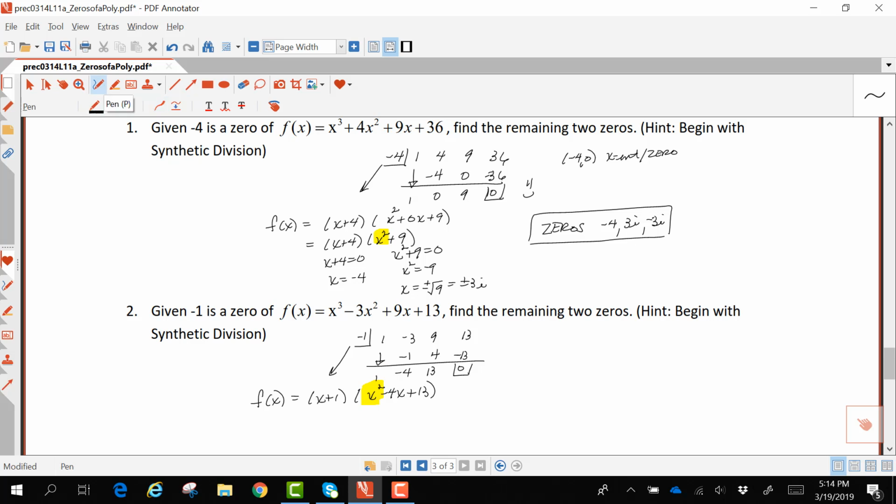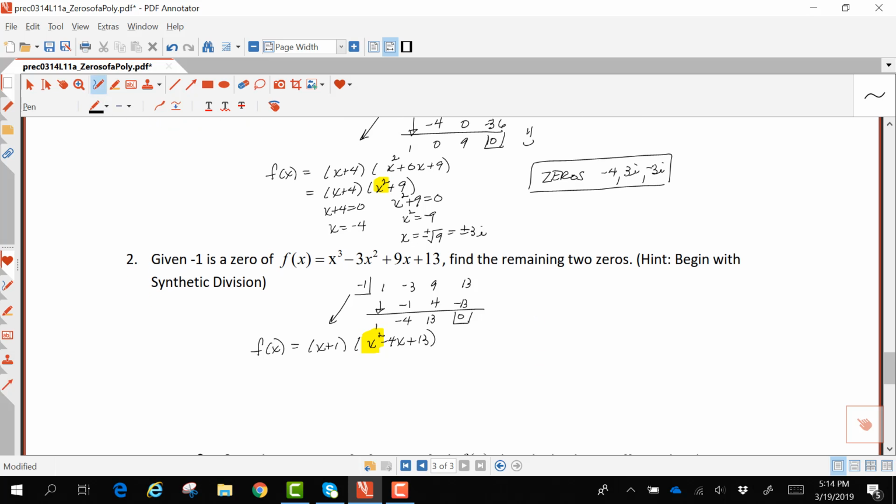Again, I want to factor it if I can, but if it won't factor, I use the quadratic formula. This one will not factor, so I'm going to have to use the quadratic formula to come up with the zeros from this quadratic trinomial. I get the -1 from the first binomial, but the trinomial will require me to use the quadratic formula.